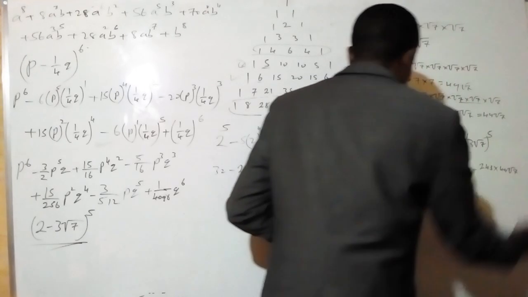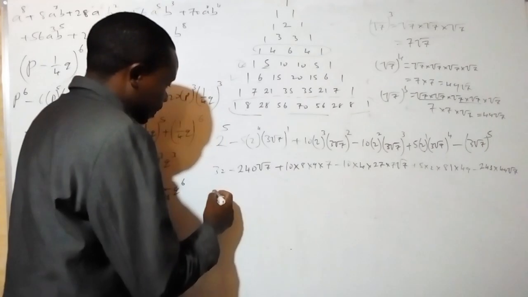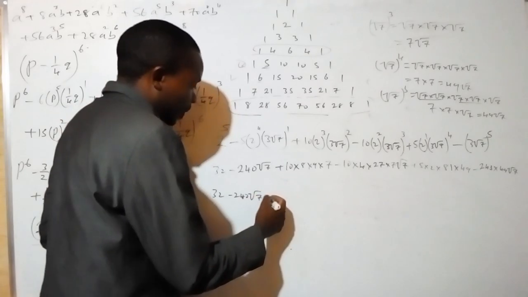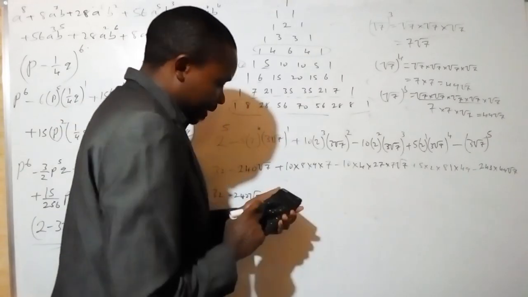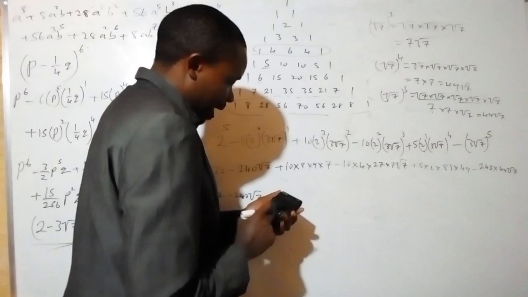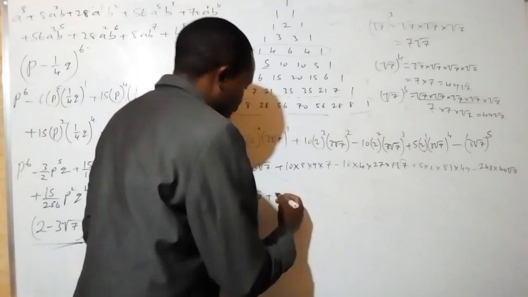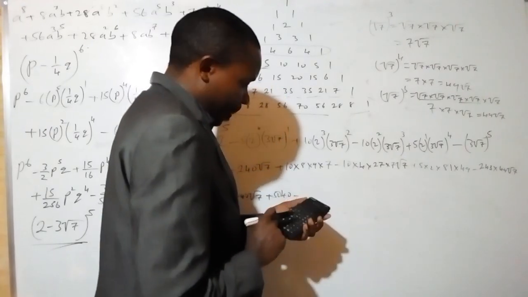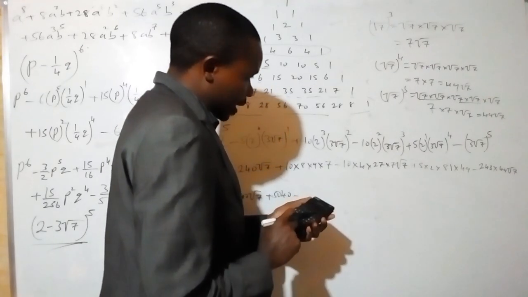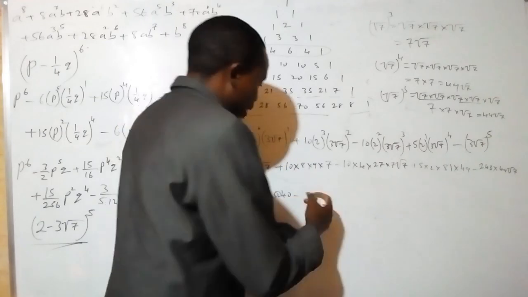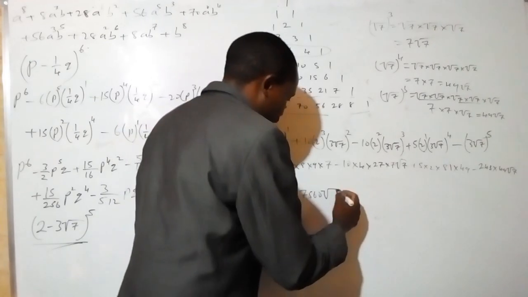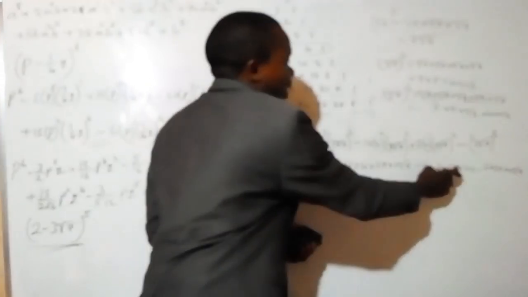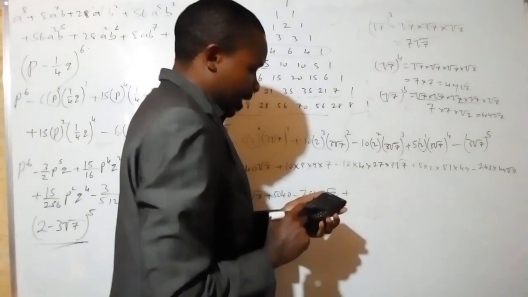Then after that we multiply: 32 minus 240 root 7 plus 80 times 9 times 7, that is 63. 5040 minus 40 times 27 times 7, and this will be 7560 root 7, plus this is 10 times 81, 810 times 49.